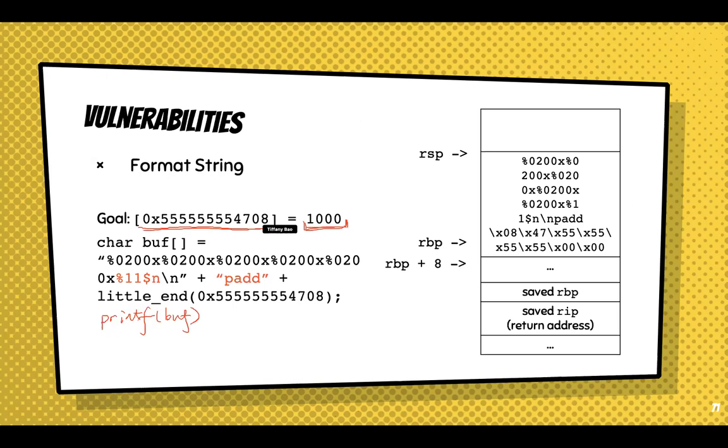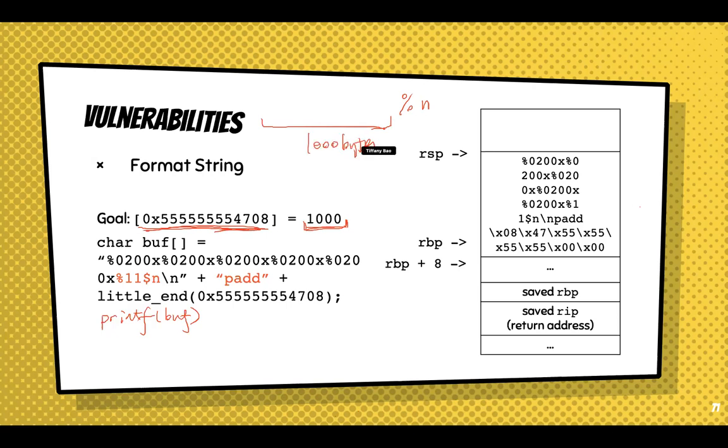So when I start, I will maybe write %n somewhere. I know that this is the end that I want to overwrite. And I want to make sure that before that, my format string will be able to output 1,000 bytes.